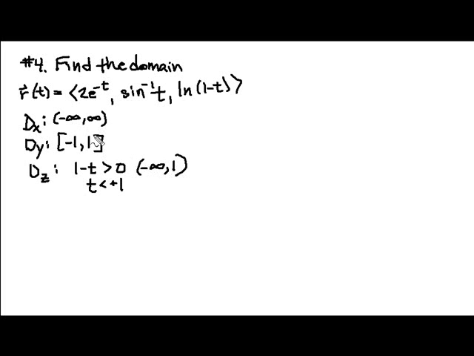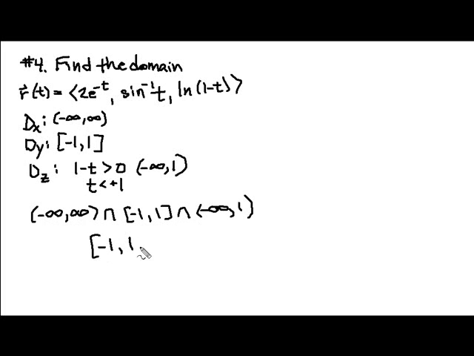Now another way of saying where intervals overlap is saying where they intersect. So what we're really looking for is the intersection of negative infinity to infinity intersected with negative 1 to 1 intersected with negative infinity to 1. So what they have in common is everything from negative 1 to 1.